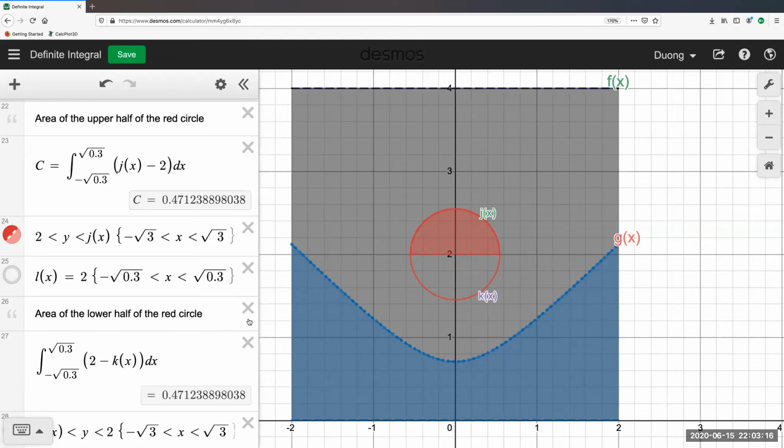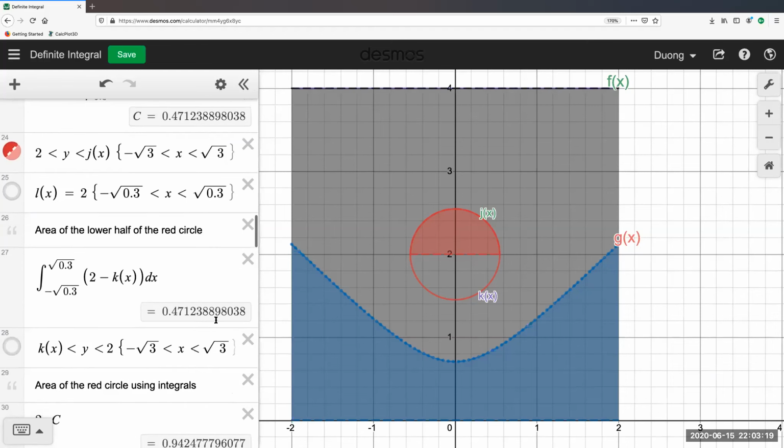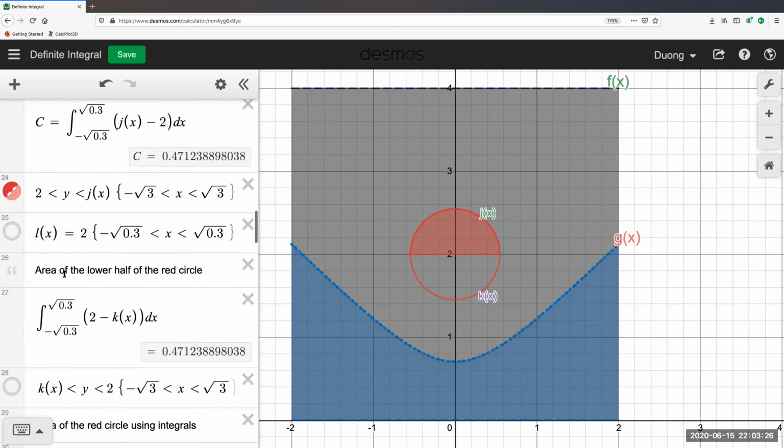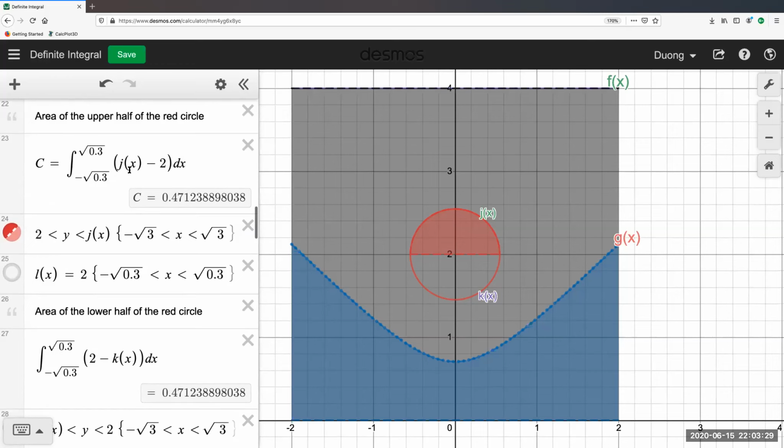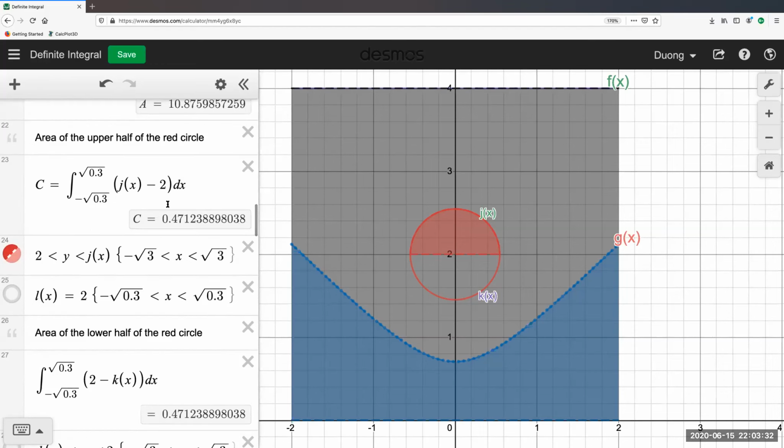So using definite integrals, I set up a definite integral from negative square root 0.3 to positive square root 0.3, and I take j of x minus 2 dx to get the area of the upper half of this red circle. Again, I take j of x minus 2 because on this interval, j of x is always greater than or equal to 2. So that's the area of the upper half.